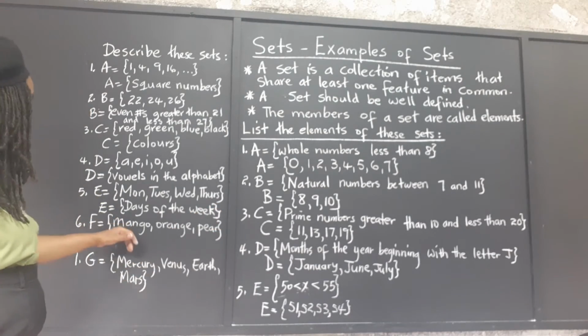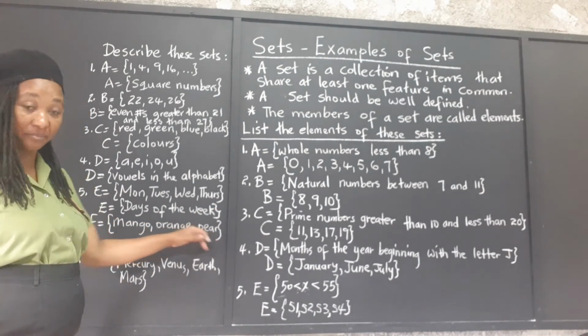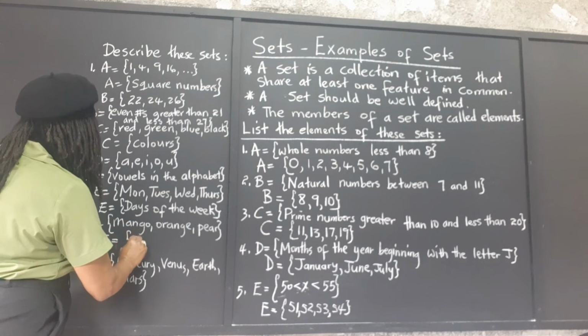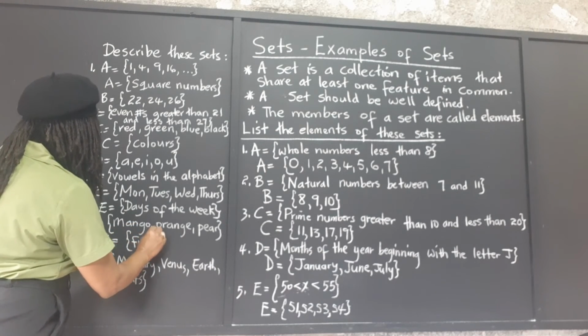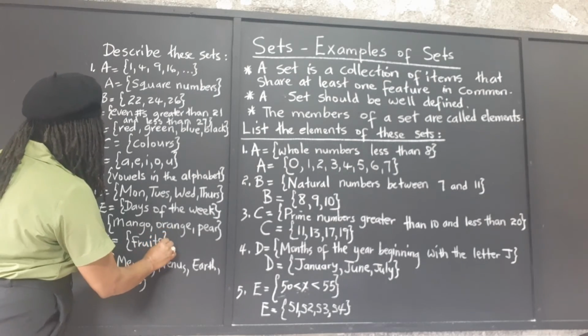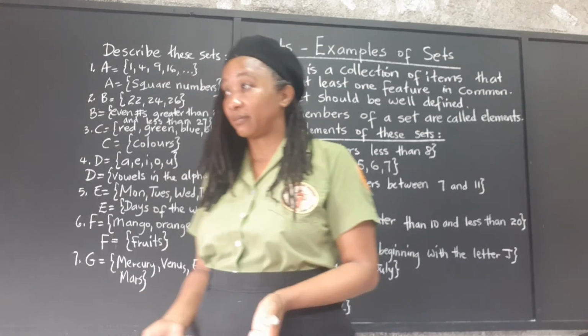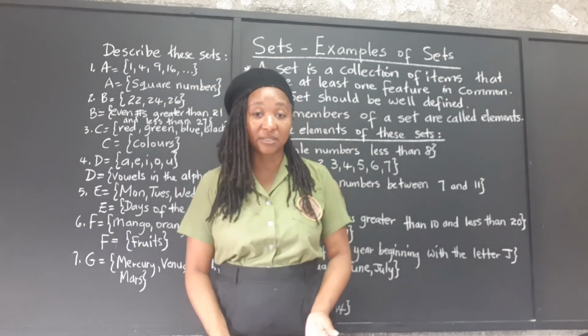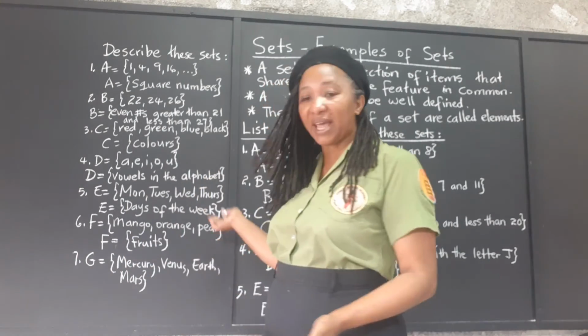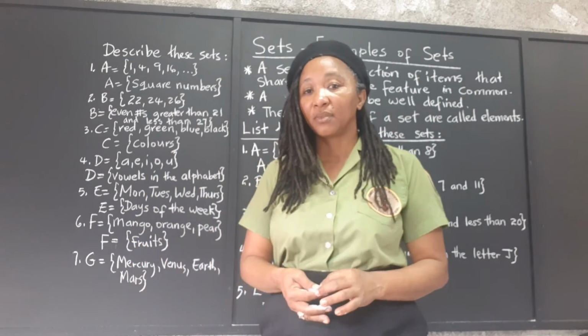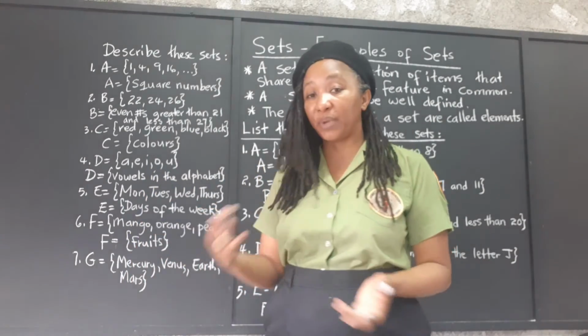Set F: mango, orange, pear. So we know definitely these are fruits. And there are ways we can be even more specific. Tropical fruits. If we're talking about the avocado, which we call pear in the Caribbean, then we could say tropical fruits.